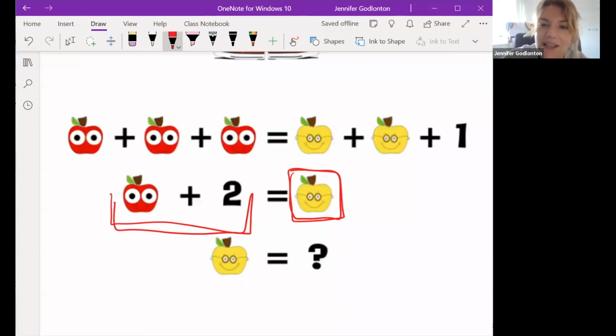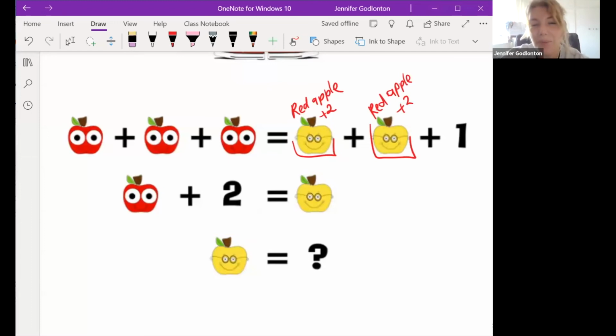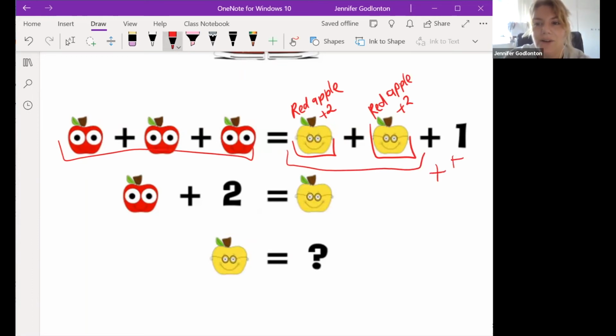That means that this yellow apple over here is 1 red apple plus 2. And this yellow apple over here is also a red apple plus 2. So what we land up with is 3 red apples on this side, 2 red apples on this side, plus 5.